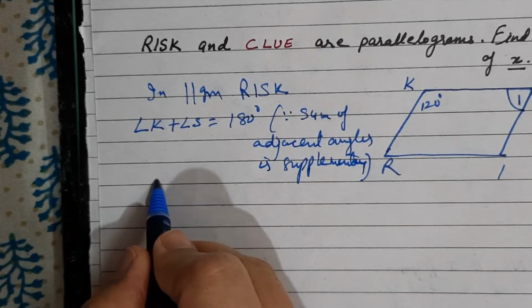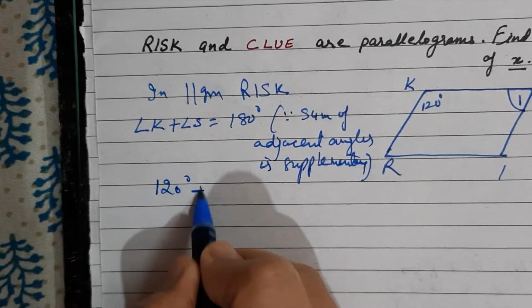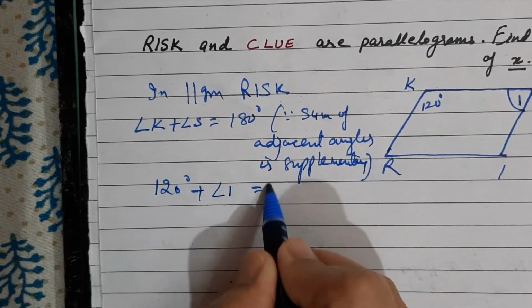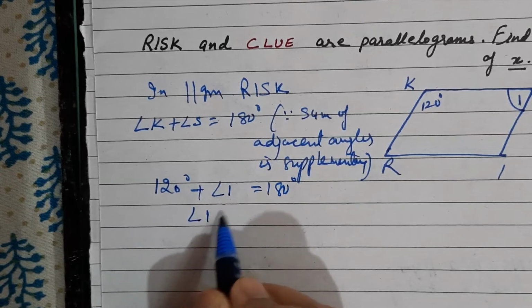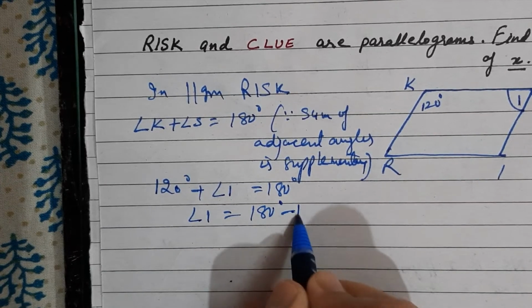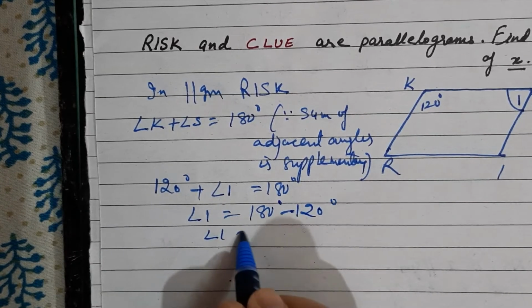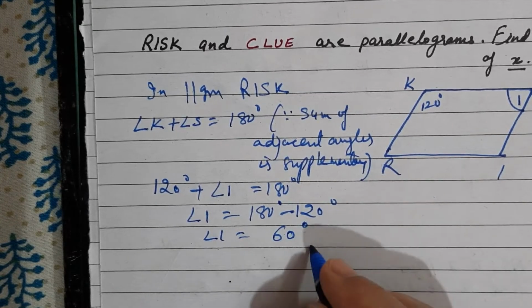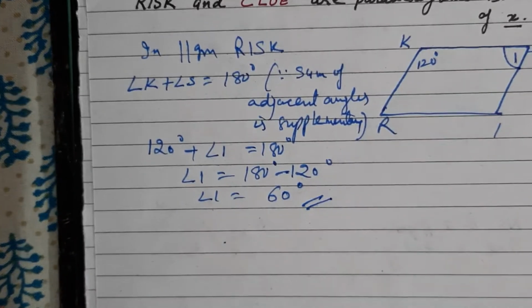Which means angle K, 120 degrees, plus angle 1 is equal to 180 degrees. So angle 1 is equal to 180 degrees minus 120 degrees. Angle 1 is equal to 60 degrees. So this has been calculated.